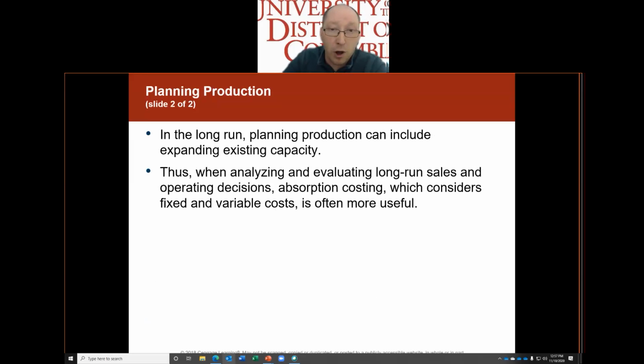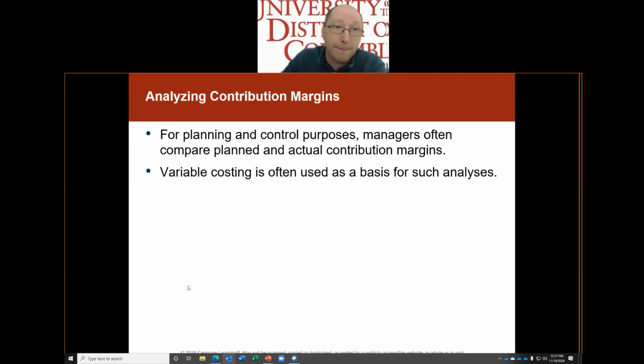And in the long run, planning production can include expanding existing capacity. And so in the long run, typically absorption costing is best. In the short run, variable costing is best. And of course, analyzing contribution margins, oftentimes we compare plan versus actual contribution margins.